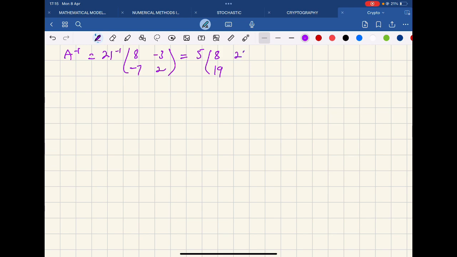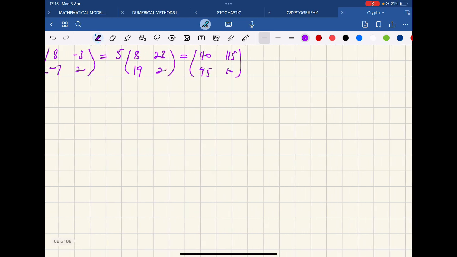Minus 3 is 23. Then we have 2. So if you multiply this out, you're going to get 40, 95, 115, and 10. And this in modulo 26, we are going to get 14, 17, 11, and 10.